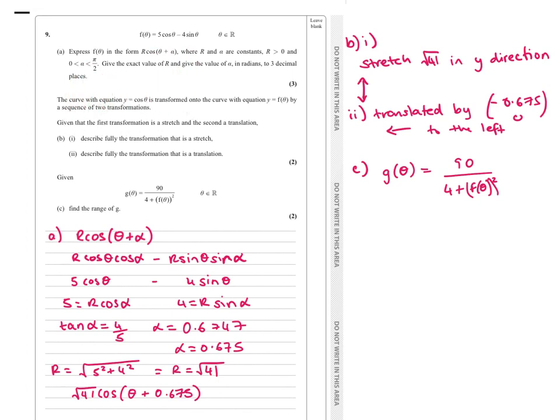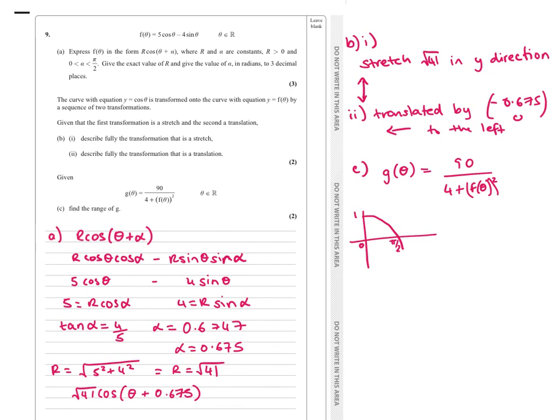For cos, if we were to draw the cos graph, between 0 and pi over 2, it's all positive. So we know that we've got 0 up to 1. So this cos of (theta plus 0.675) is going to be between 0 and 1, and this is going to find our range.